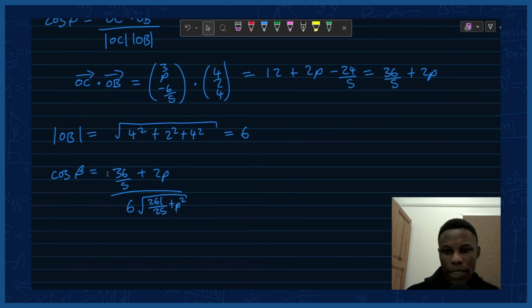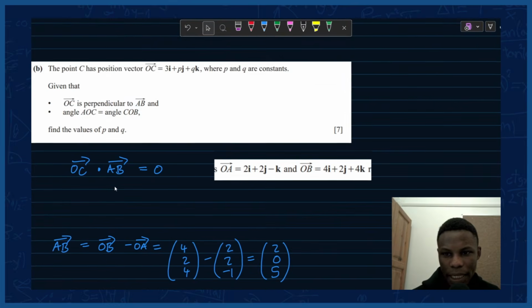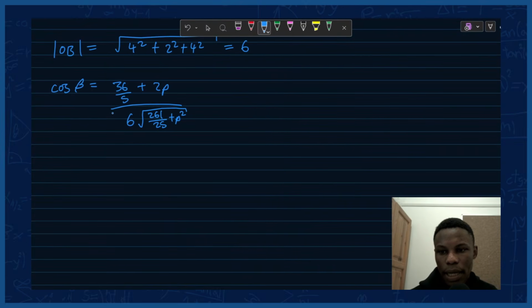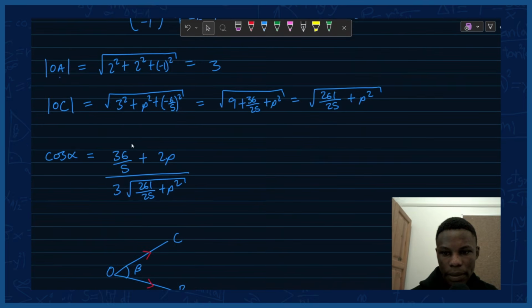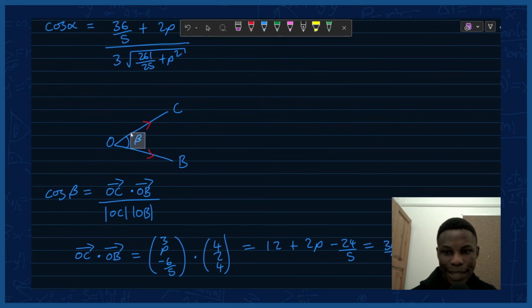Okay, so this is cos beta. But remember, at the very beginning, they told us that angle AOC is equal to angle COB. We labeled angle AOC as alpha and angle COB as beta.